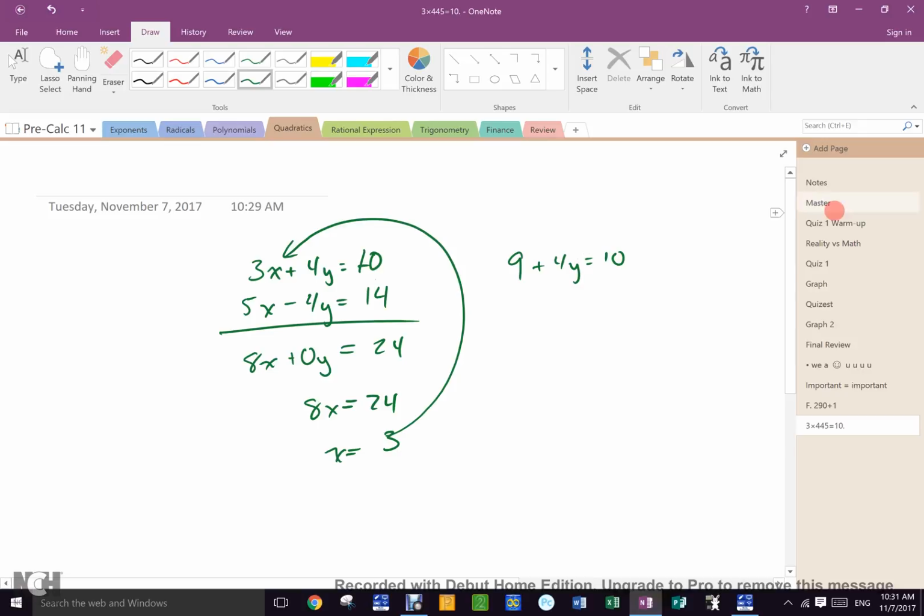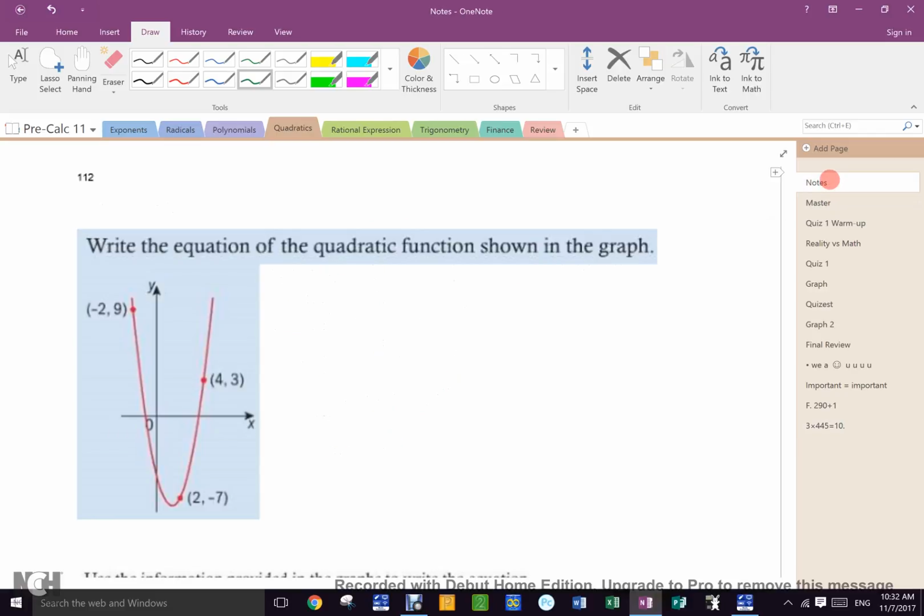So let's go back to this question and see if we can figure it out. What's the problem here? How many equations do I have to make this parabola? A parabola has one equation at the end, doesn't it, Burke? But I can write it in 3 versions right now, can't I?